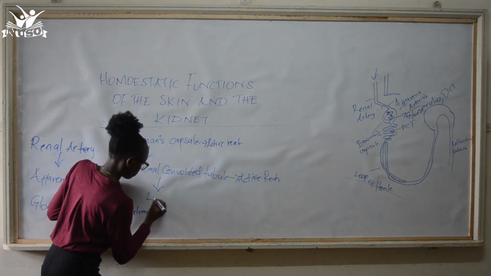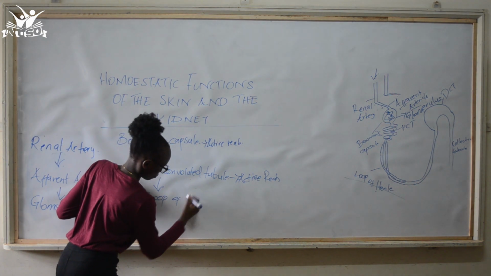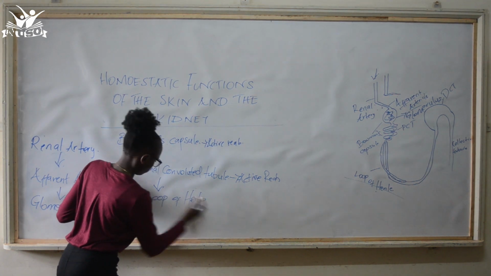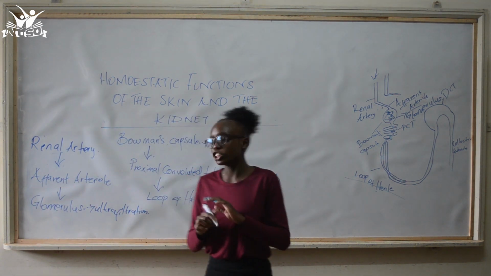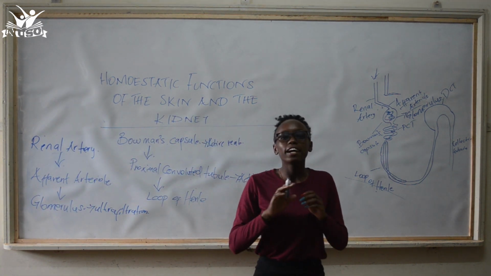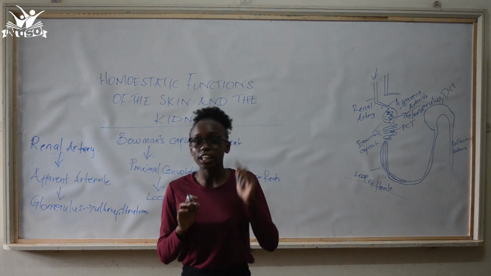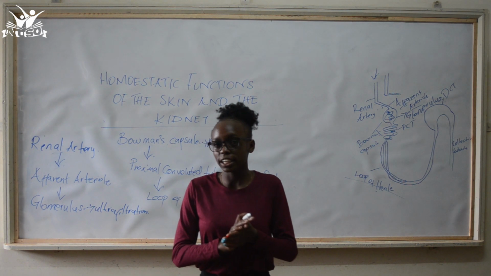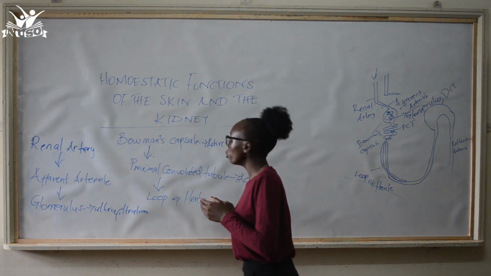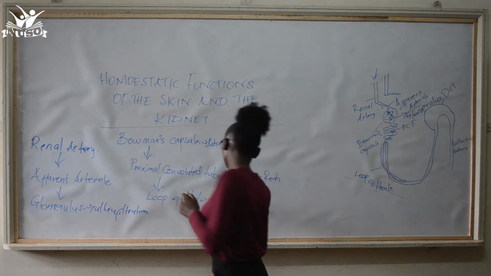Now, immediately the filtrate reaches the loop of Henle, the hypothalamus in the brain is stimulated and the adrenal glands produce aldosterone hormone.